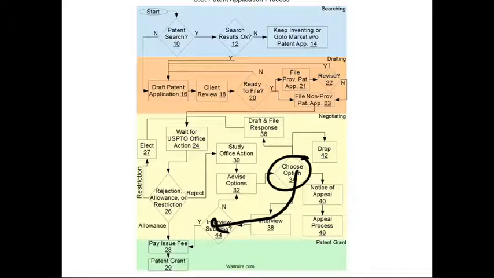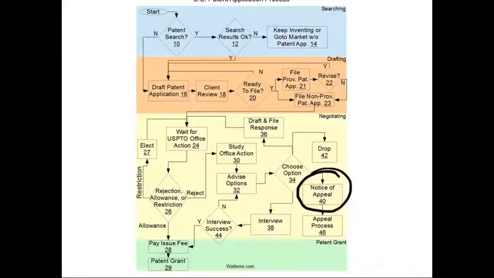And of course, if you get a rejection, you might also appeal to the Patent Trial and Appeal Board if it's a final rejection. And that might also lead to a grant of your patent in this process. So the point of this more complicated flow chart is to let you know that there are many paths to getting an issued patent, and not every application takes the same path.